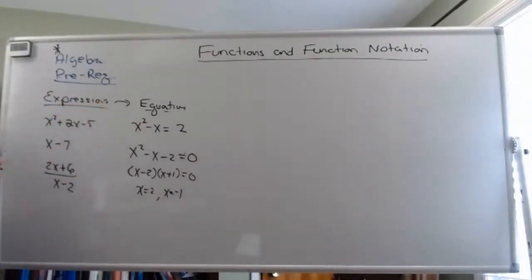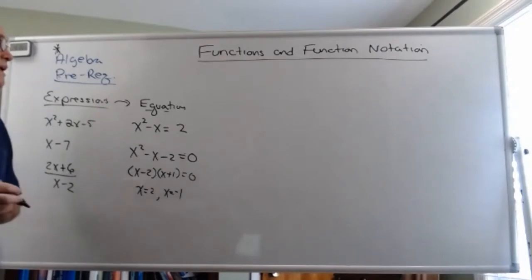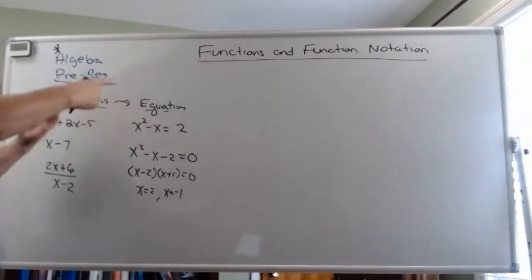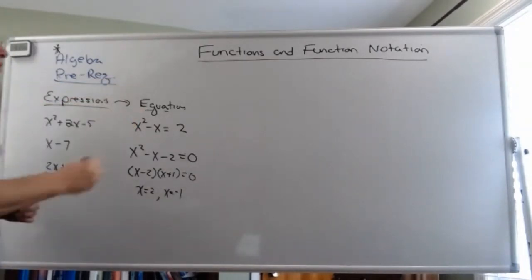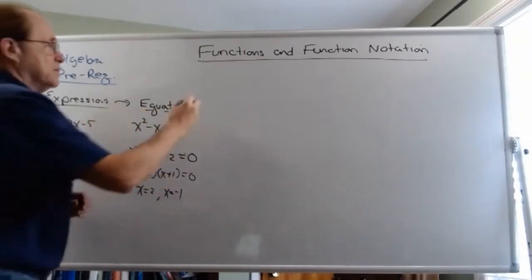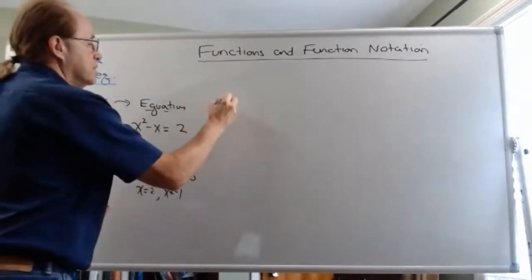This is all in a single variable, so everyone knows how to do it. This is also some of the review problems that you'll see in the algebra review that I put on the website. Then we extended this to equations in 2 variables. So we went from equations in a single variable to equations in 2 variables.